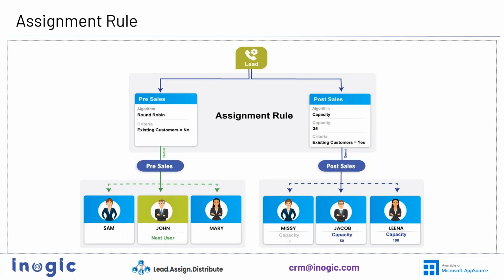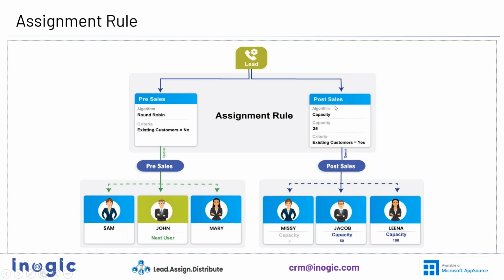Now let's assume that to serve a particular lead that falls in the post-sales queue, the resource needs at least 25 units of capacity. This is just a hypothetical number. It can definitely change from organization to organization. So if a new lead is being created for an existing customer, as per the selection criteria, it will definitely fall in the post-sales queue.